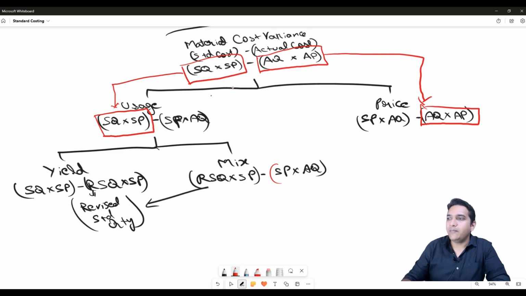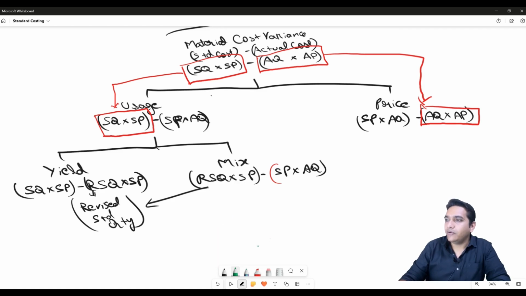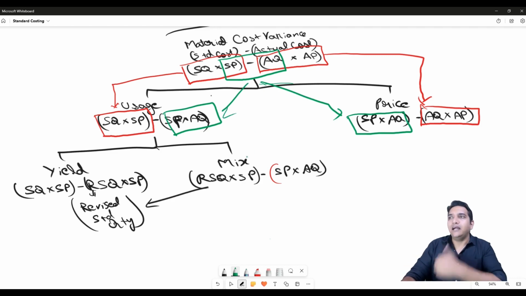What about the remaining part? The remaining part is also very simple. It's already there on the board. Not in usage, in material cost variance. You take these two terms, standard price and actual quantity, multiply them with each other and write it here. See, understood?